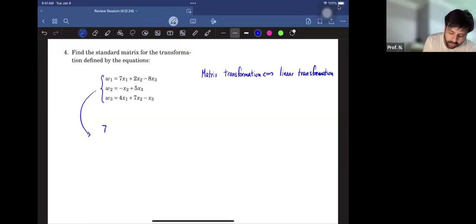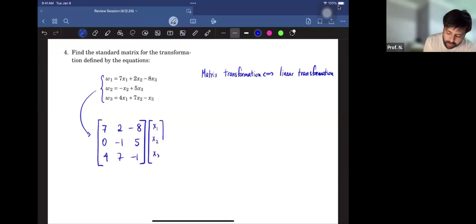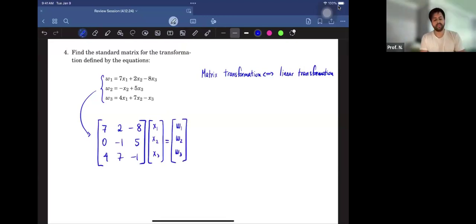Can't we write this as 7, 2, -8, 0, -1, 5, 4, 7, -1? This is my coefficient matrix. Then this is the unknown vector x1, x2, x3. And I get w1, w2, w3. Isn't this it?